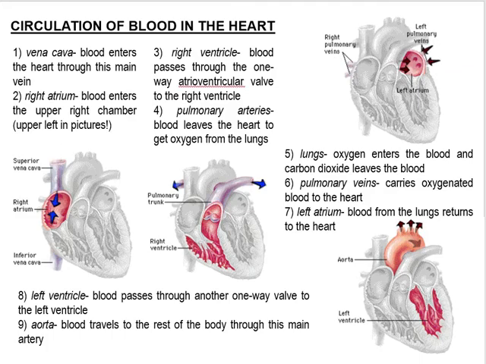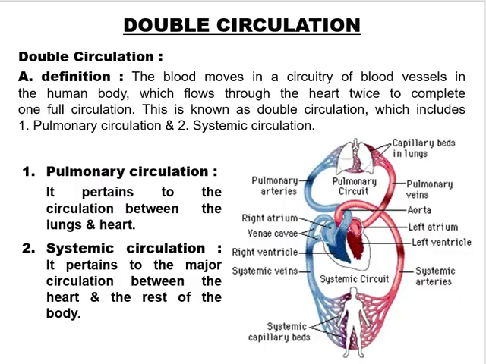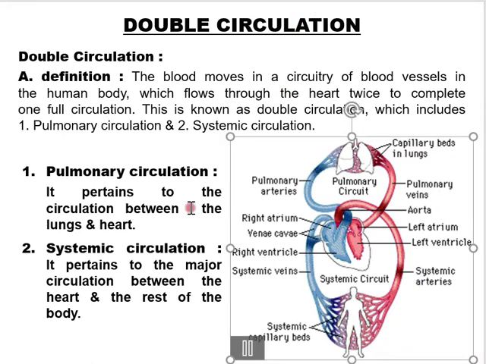Now let's see how the blood flows twice through the heart, which is known as double circulation. The blood moves in a circuit of blood vessels in the human body, flowing through the heart twice to complete one full circulation, and this is known as double circulation, which includes pulmonary circulation and systemic circulation.